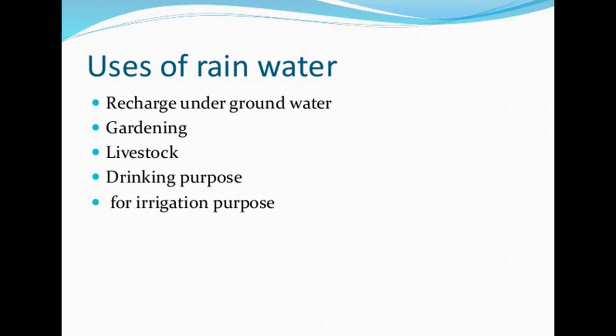It is a technique and technology that has been used to recharge underground water, which we can use again and again by some hydrological cycle methods. We can clean it and use that water again and again. So it is quite useful for recharging underground water.